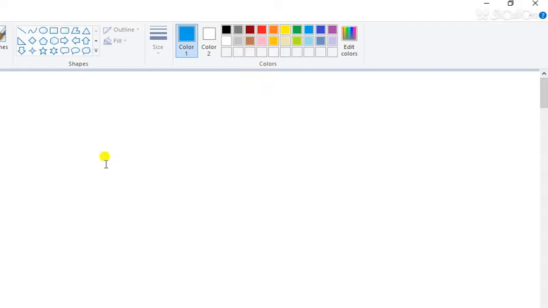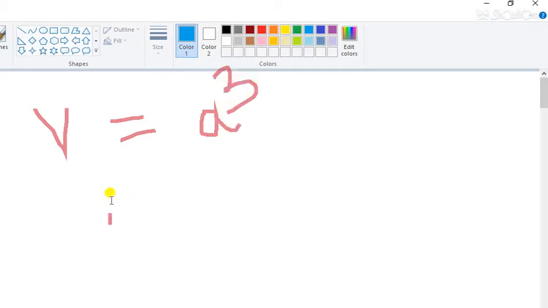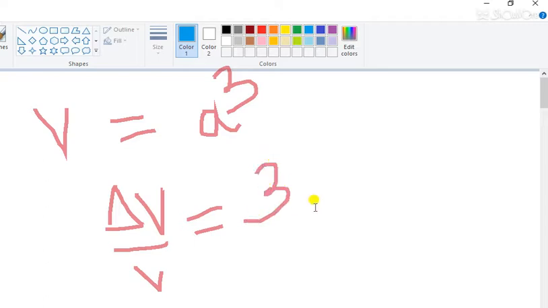Now volume of cube is equal to a cube. So in this case delta v by v is equal to 3 will be multiplied with a, 3 delta a by a.